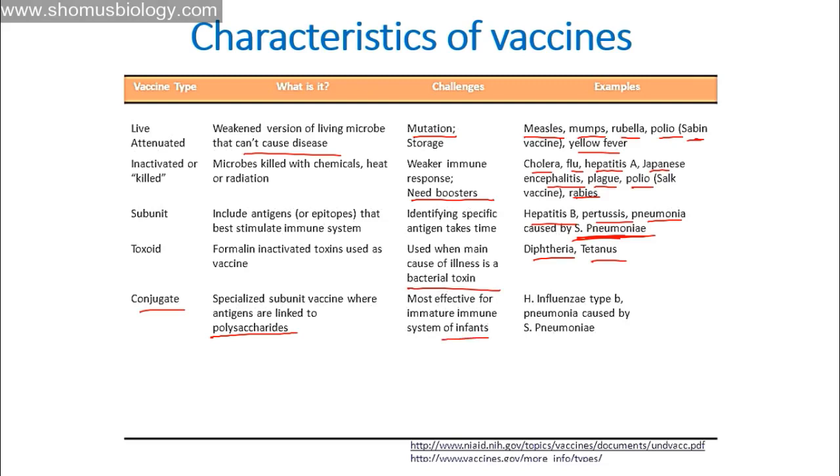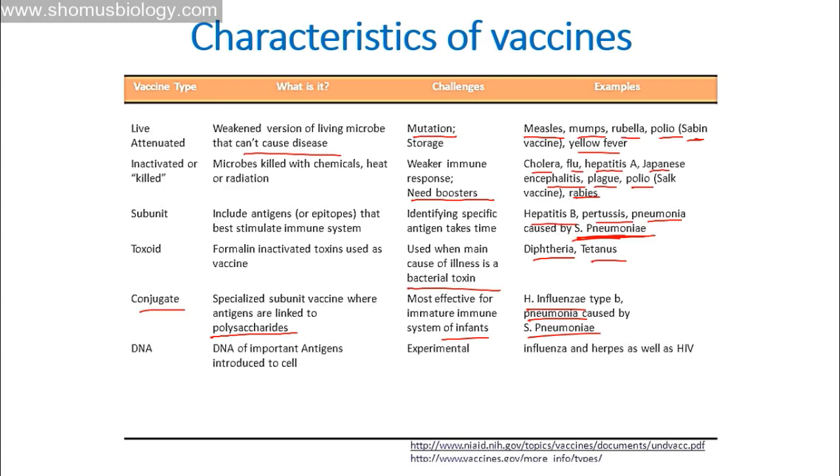In this case, the immune system is not well developed, and if you provide the antigen directly, their body is not going to generate an immune response based on that small antigen alone. So they need these polysaccharides along with the vaccines. That's why we use conjugates. Examples: influenza type B, and pneumonia caused by pneumococcus.